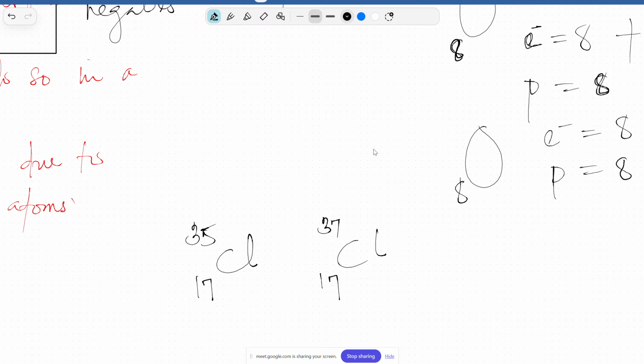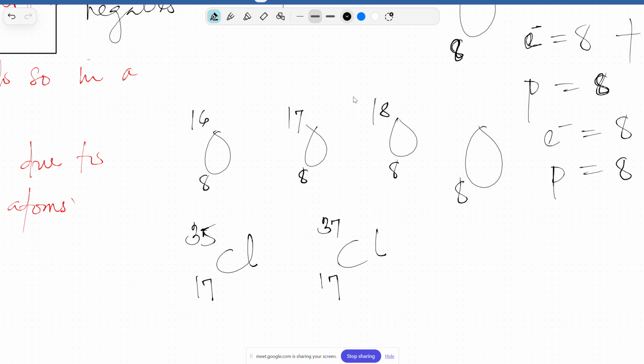Same for oxygen as well. Oxygen has the same atomic number, 8, 8. But the mass number, you could have oxygen 16, oxygen 17, and oxygen 18.